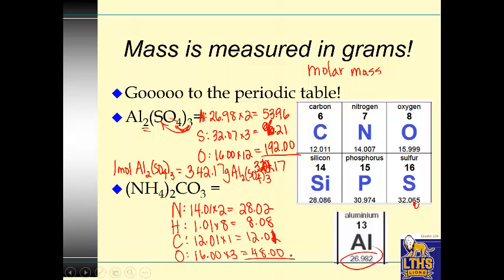Then I have to add it all together. When I add that all together, I get 96.11. Now, what does that mean? Well, it means that 1 mole of ammonium carbonate is going to be equal to 96.11 grams of ammonium carbonate. So, that means that if I had 1 mole of this substance, then there'd be Avogadro's number of formula units, and that would weigh 96.11 grams.